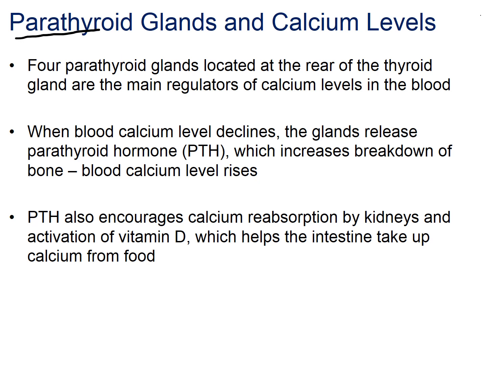So the parathyroid gland is once again located behind the thyroid gland. And you can think of them as four small knobs that are kind of piggybacking on the thyroid gland. The parathyroid gland secretes the parathyroid hormone (PTH). PTH is antagonistic to calcitonin. When you have a decrease in blood calcium level, that's when you will release the PTH.